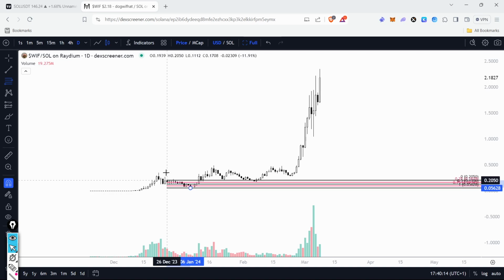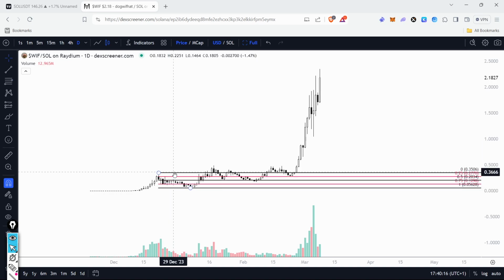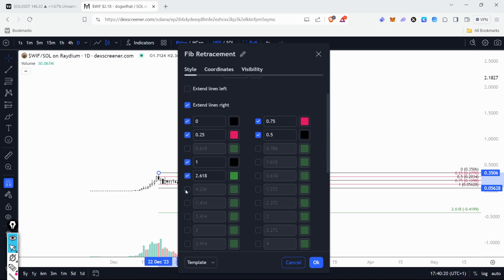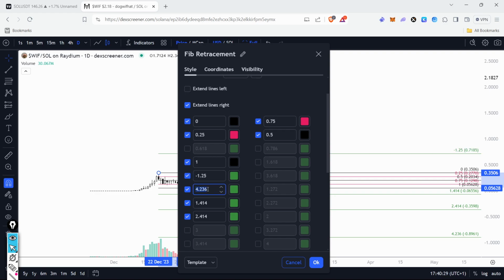Towards this low here. Oh, this is girthy. But at first, and afterwards, let's see. Same thing. Minus 125. Bro, my decimal point is not working. Minus.